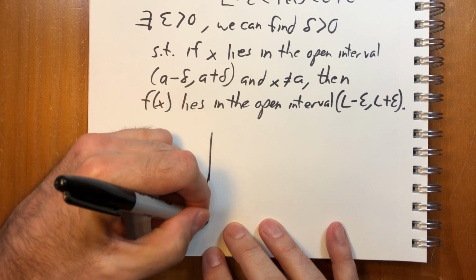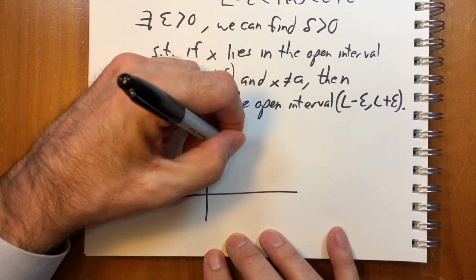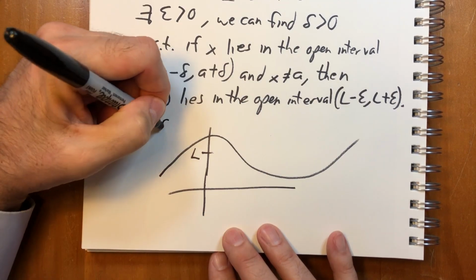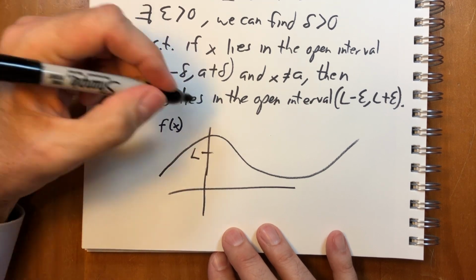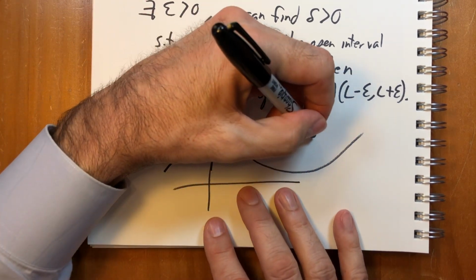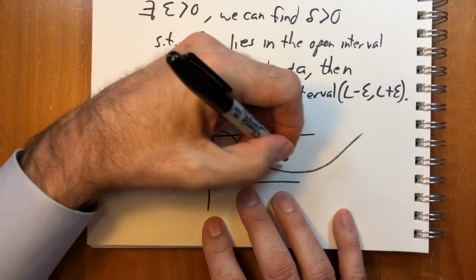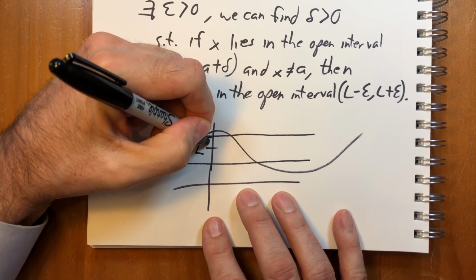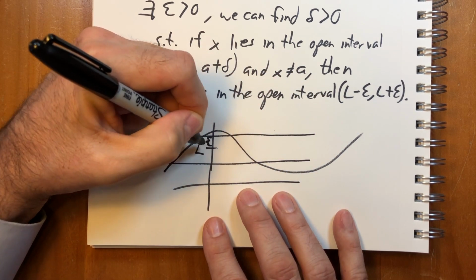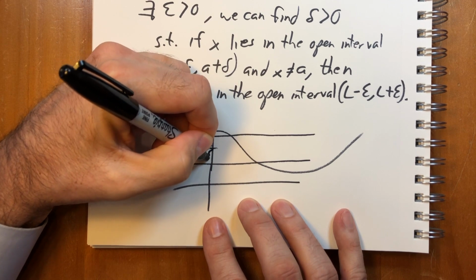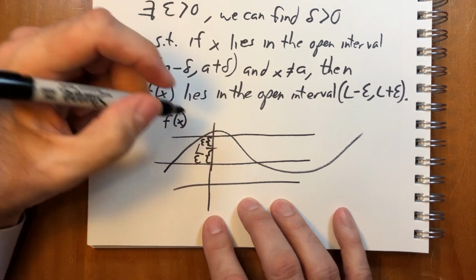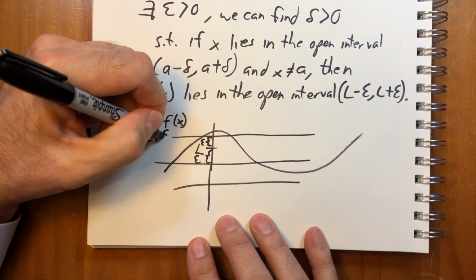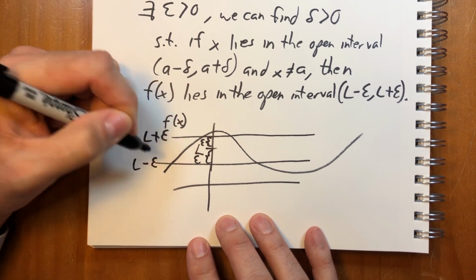So again, what this means is that if we have a function here and we have what we think the limit is, and we pick some epsilon, so this is epsilon and this is epsilon. So this would be L plus epsilon and this is L minus epsilon.